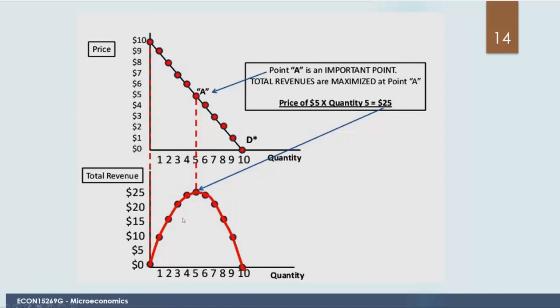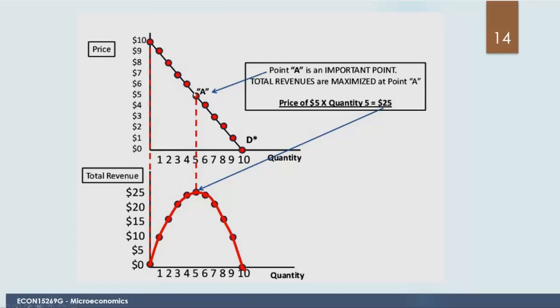Now, what's interesting here is if you were to calculate elasticity along this portion of the demand curve, you will find that it's inelastic, meaning that the percentage change in the quantity will be less than the percentage change in the price. And then any points up to the left here will be the opposite.